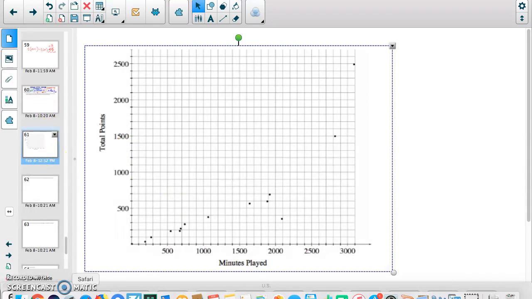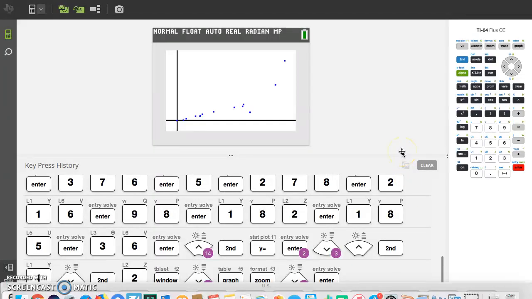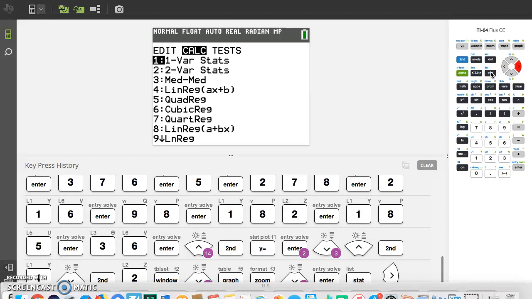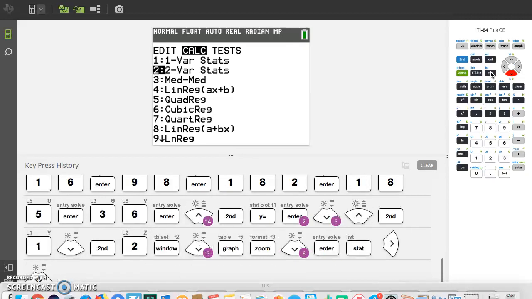We've got our graph. Now let's figure out our equation, our actual line of best fit, the reason we're here. How we're going to do that is we're going to press stat, and we are going to go over, again, stat, because we're in stats, you can kind of remember it that way. Go over to calc, and remember what this line is called, what we're calling it now, is least squares regression line.